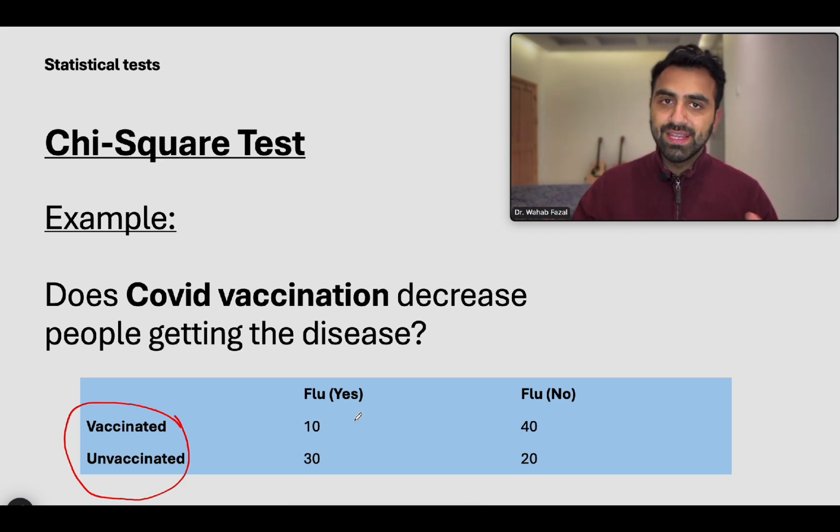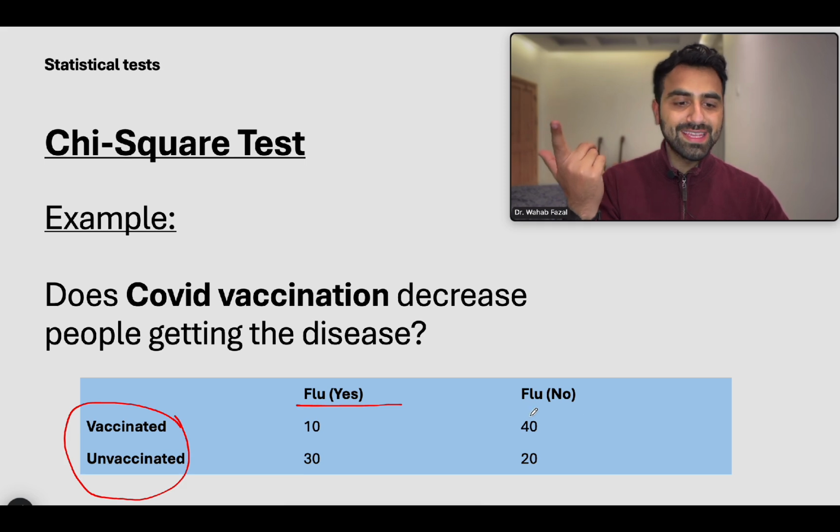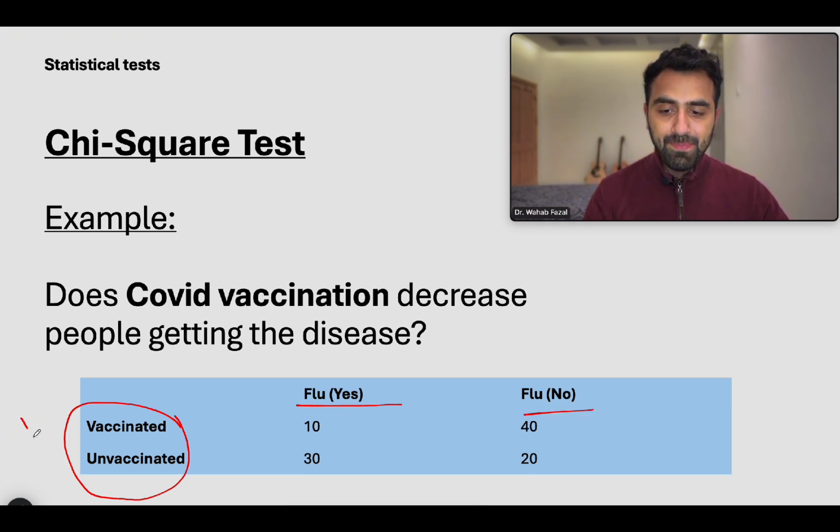Whether you get COVID or flu is again yes or no. So both the independent variable and the dependent variable are qualitative. This is an example of a chi-square test between two qualitative variables.